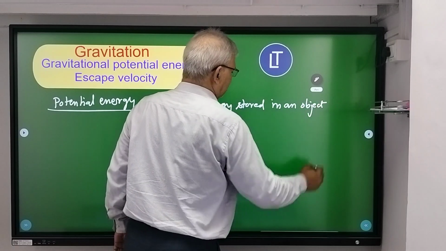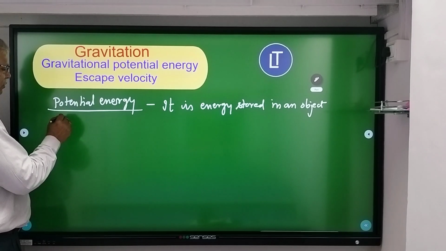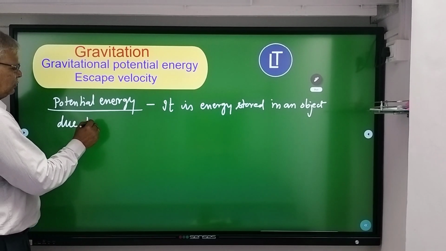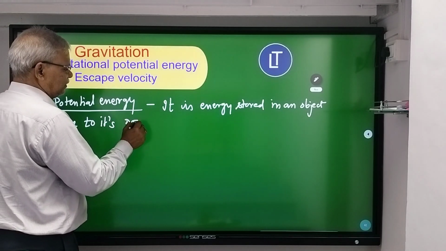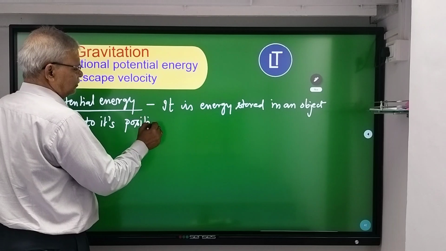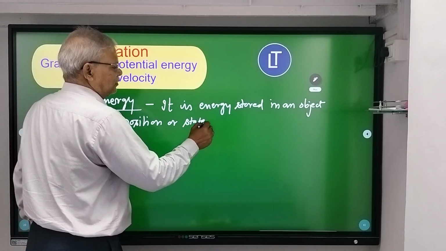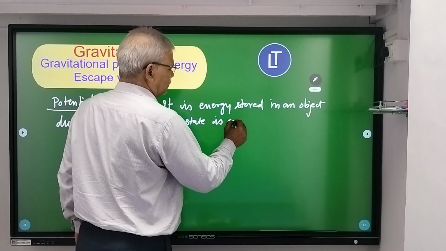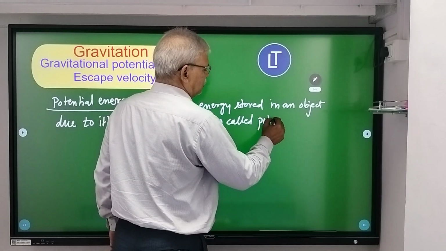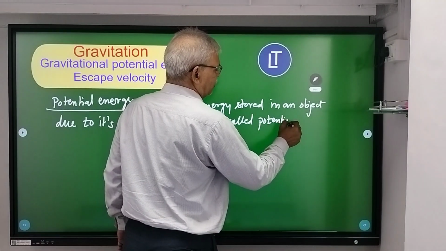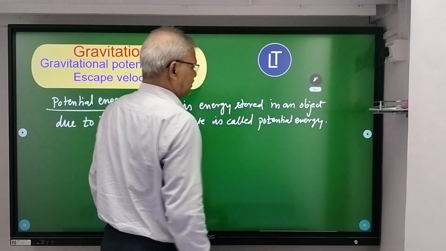It is energy stored in an object due to its position or state is called potential energy. Okay, this is the definition.